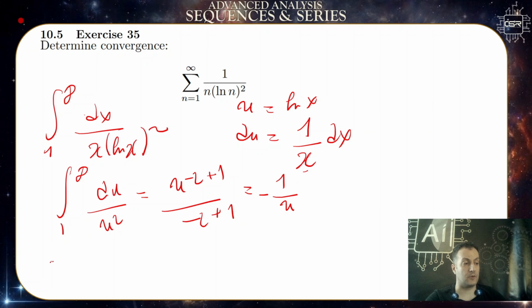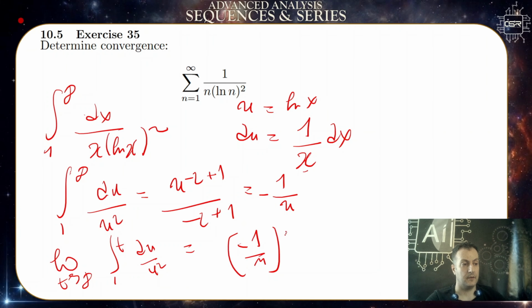And by the way, this integral can be transformed into the limit as t approaches infinity of the integral between 1 and t of du over u squared. So it is minus 1 over u. Okay, so we need to convert.